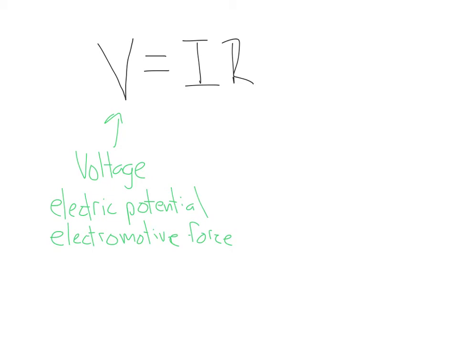Now, voltage is measured in the units of volts. That's our unit for voltage or electric potential. Current, that's this one, electric current, is measuring the flow of electricity, how much charge is moving by a certain given part of a circuit in a given amount of time, and this is measured in something called the ampere.